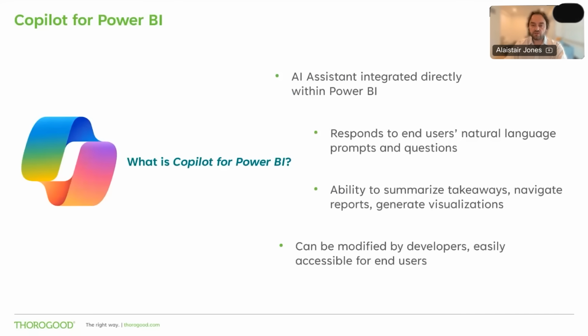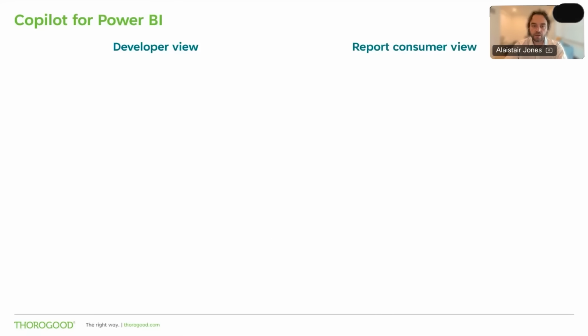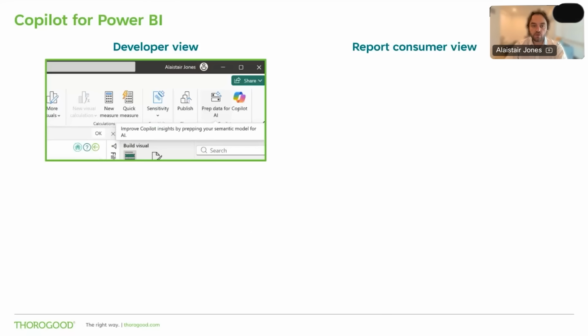So we'll get into this as we discuss more about optimizing reports for Copilot use, but there are steps that you can take on top of reports or solutions that you've built, and end users will be able to quickly access the pane that prompts Power BI questions. And I'll just share a bit about what that looks like. So the developer view, when you're authoring or developing reports in Power BI desktop, you should see at the ribbon towards the top right, both a Copilot button, but also a prep data for AI button.